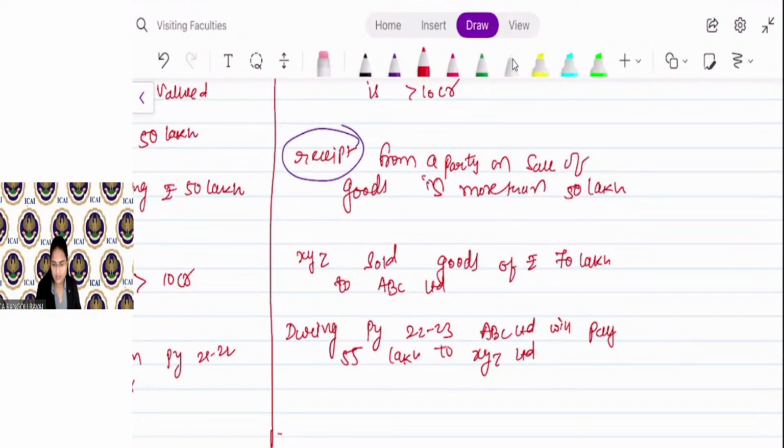Everyone clear with this? Yes or no? So here it is the responsibility of XYZ Limited to collect 0.1% TCS from ABC Limited on the amount of 5 lakh rupees, that is the amount more than 50 lakh. Is that clear, everyone? Yes or no? Give your response quickly.